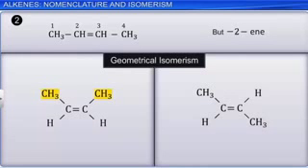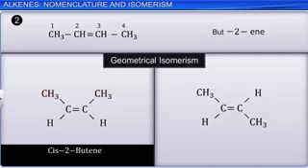When the two CH3 groups attached to each carbon atom of the double bond are on the same side, the isomer is called a cis isomer. On the other hand, when the two CH3 groups attached to each carbon atom of the double bond are on the opposite side, the isomer is called a trans isomer.